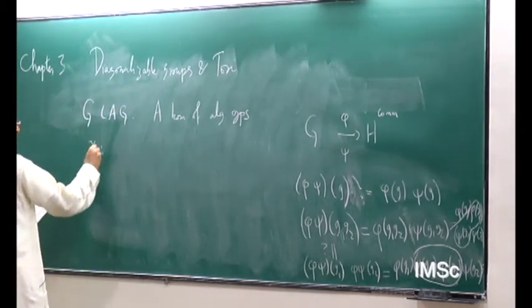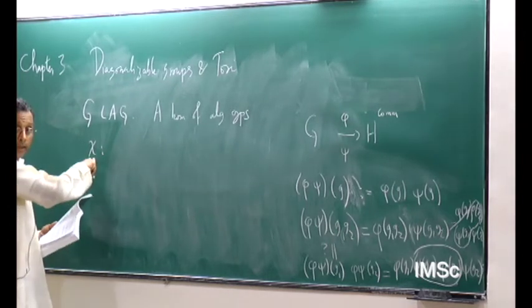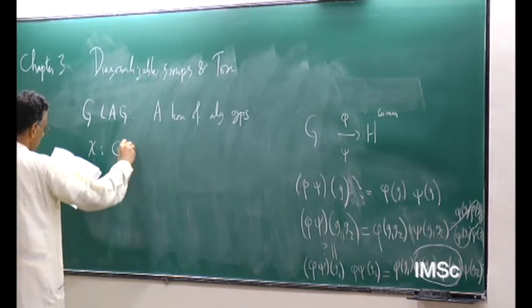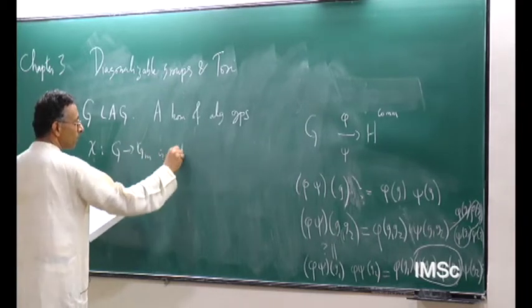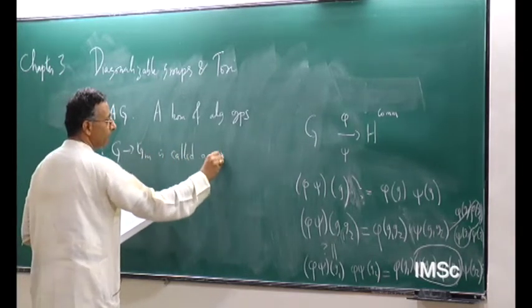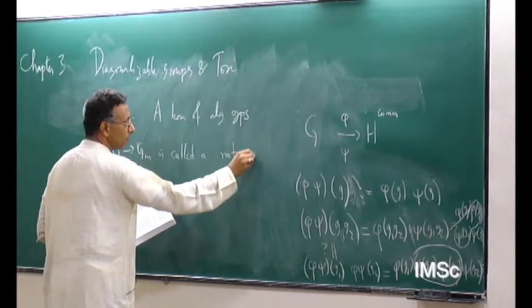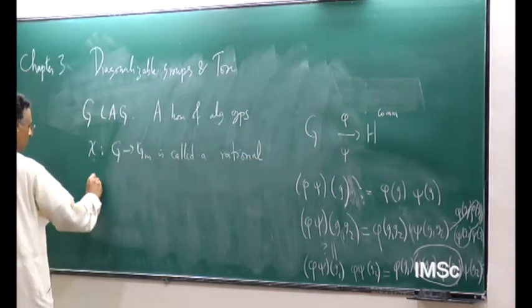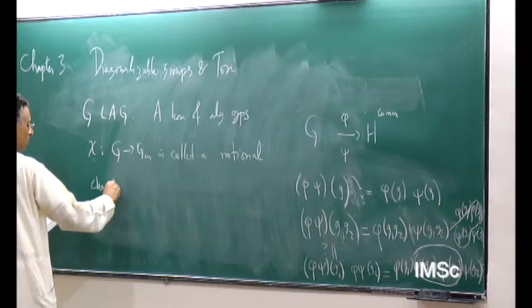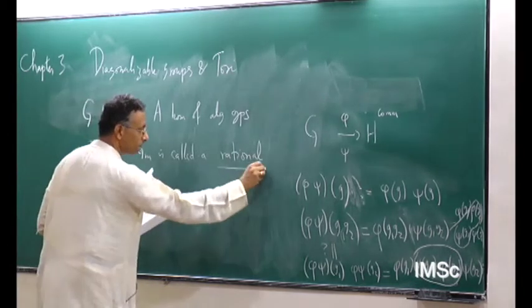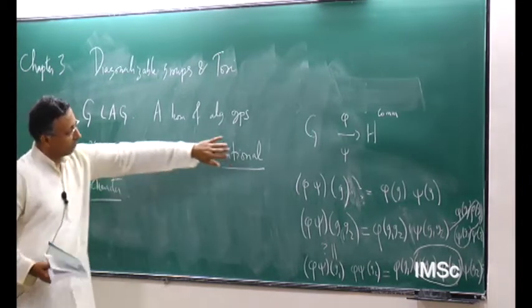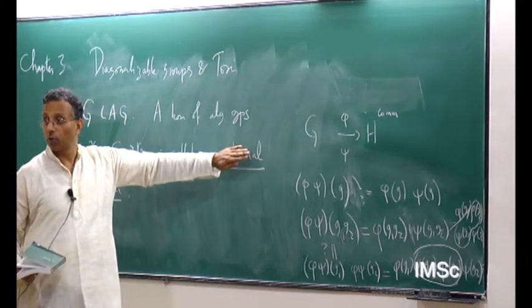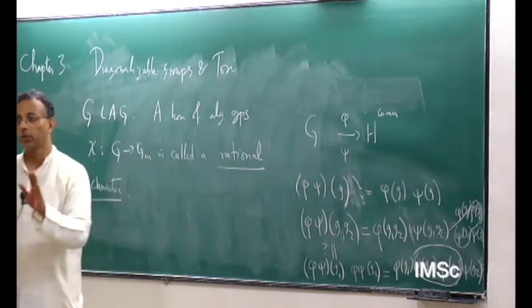So with that introduction, a homomorphism of algebraic groups chi, this again notation is standard, from G to G_m is called a rational character. If you were doing abstract groups, you might have seen this definition somewhere.